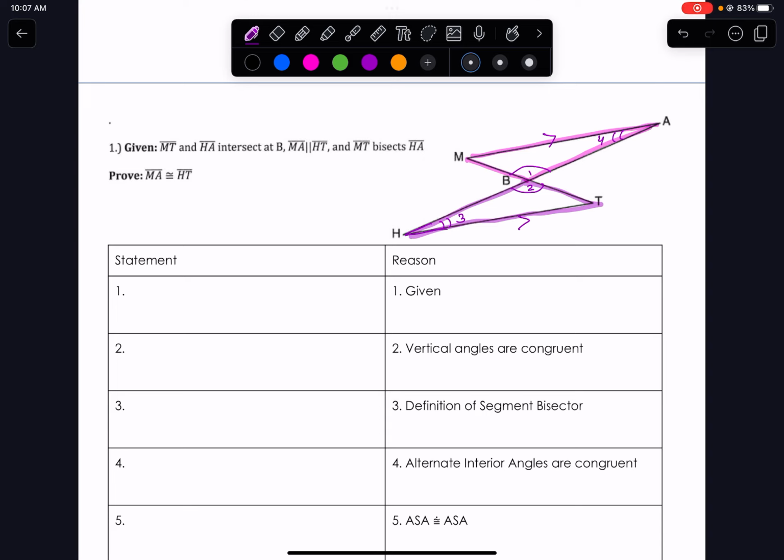So MT is striking this line at the middle. So I know that HA is being split into 2 equal pieces because MT is bisecting this length. So if we look, I'll end up with angle, side, angle again.